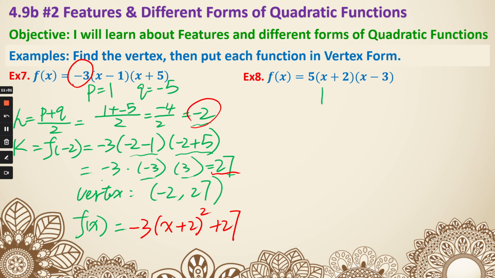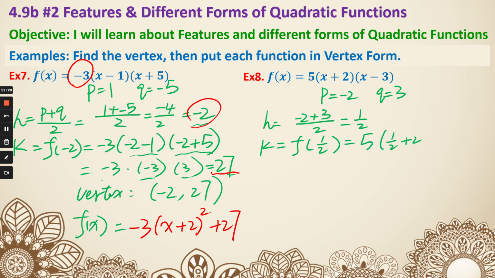Identify p and q first. My p is going to be -2. My q is going to be 3. My h is p plus q, so -2 plus 3 over 2, which is 1/2. My k is f of 1/2, so it's 5 in the front, then 1/2 plus 2, and 1/2 minus 3.